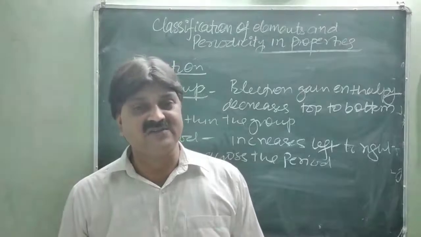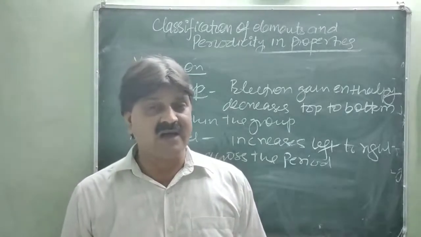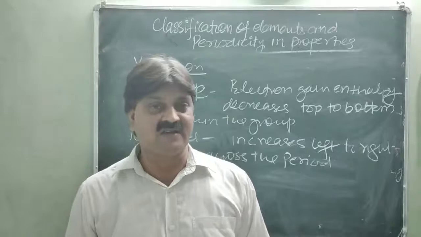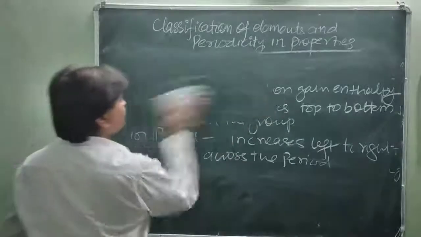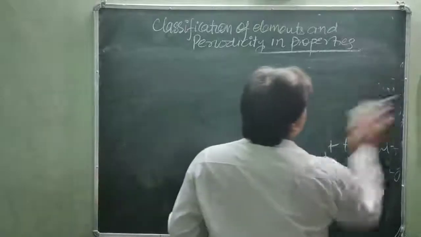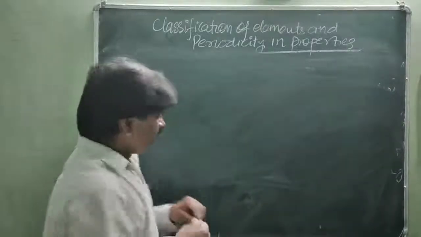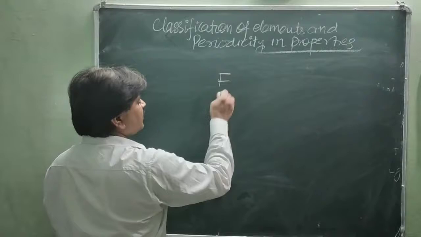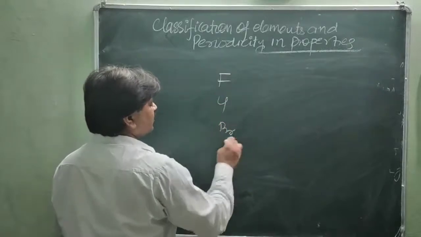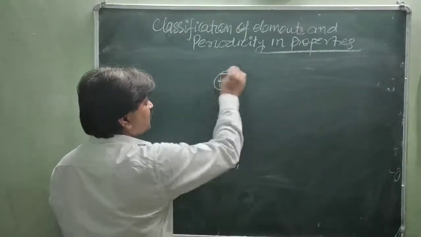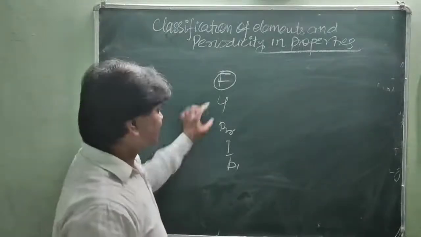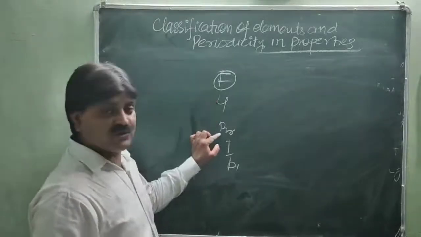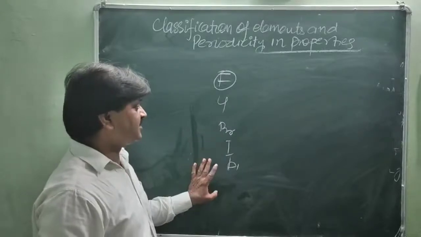Similarly, sulfur has a higher electron gain enthalpy than oxygen. The reason is clear, just as with fluorine and chlorine. According to the definition, for fluorine, chlorine, bromine, iodine, astatine, fluorine is smaller in size, so it should have a higher electron gain enthalpy than chlorine, bromine, iodine, astatine, etc.